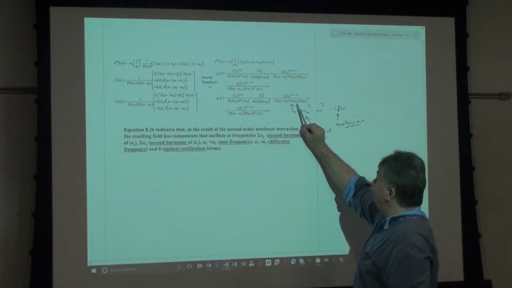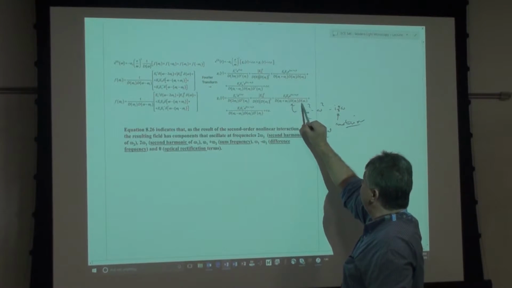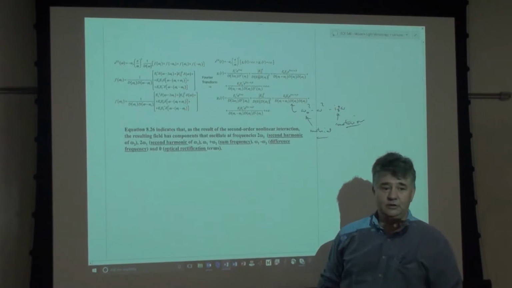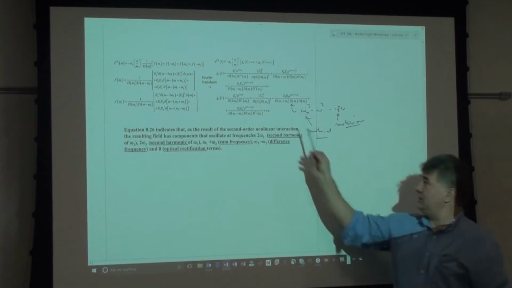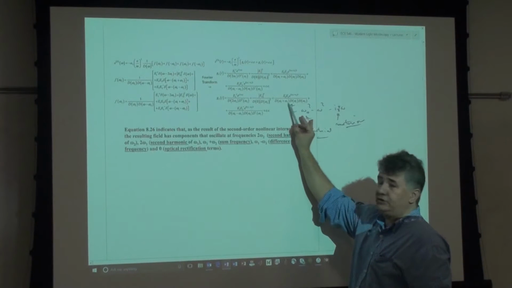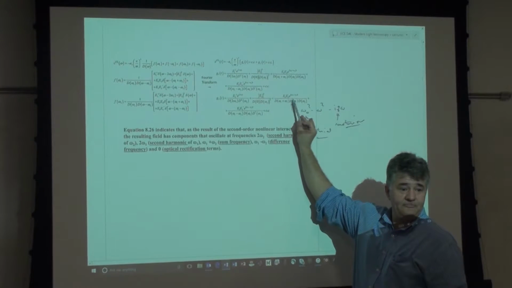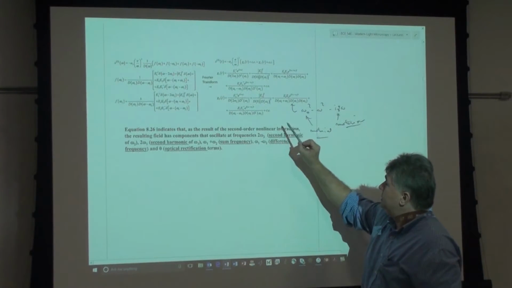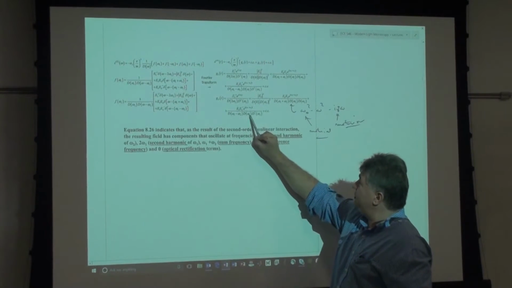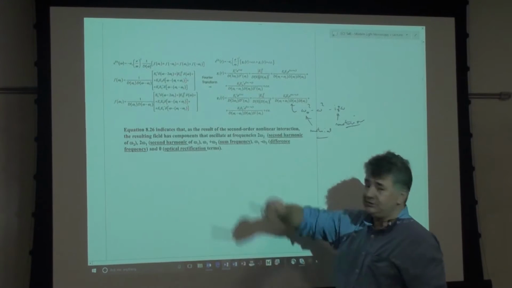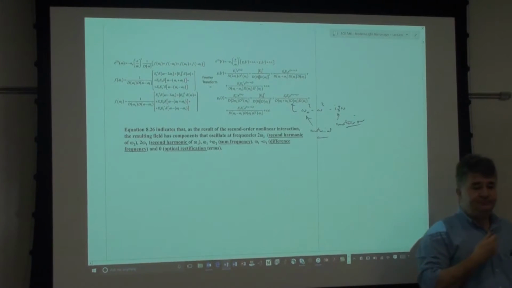For the sum, you have the linear response at each frequency, product of them, and then the linear response applied at the sum. Basically, second harmonic generation is a particular case of sum frequency generation, right? When omega 1 equals omega 2. Different frequency, same thing. Linear at omega 1, linear at omega 2, times linear at the difference.